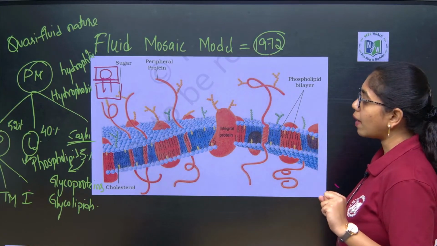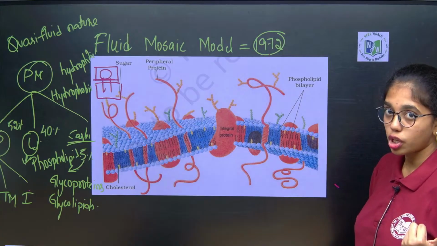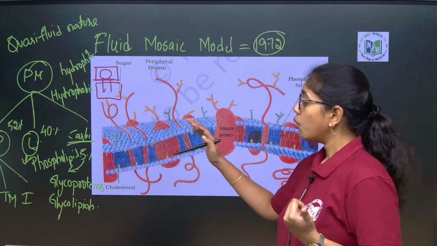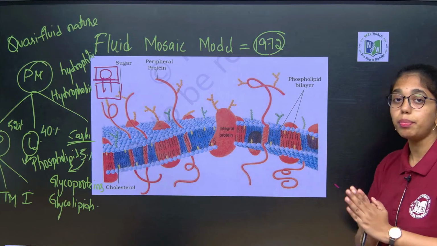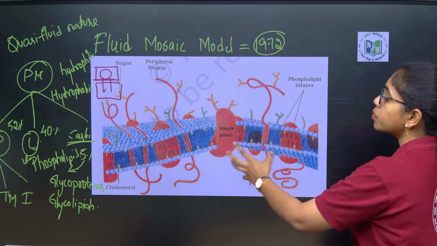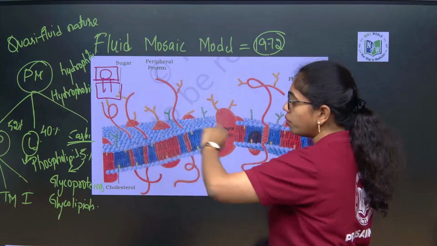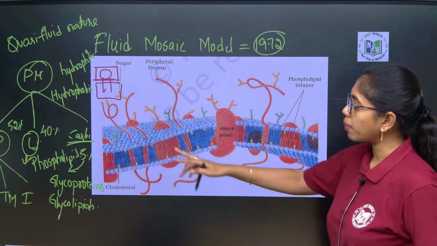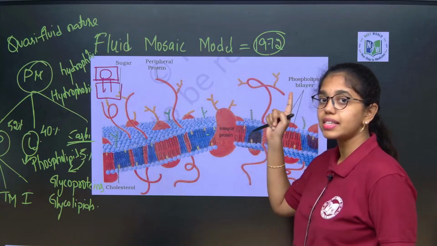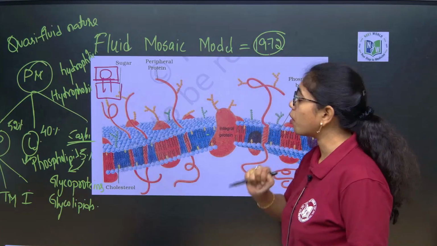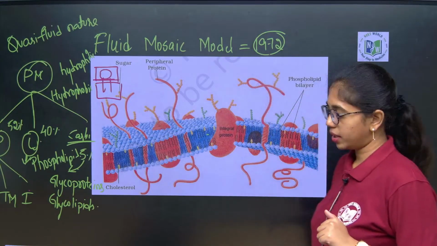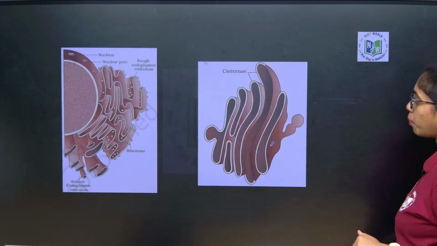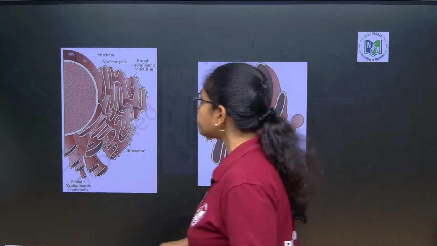So what you have to remember is that proteins are present as icebergs in the sea of lipids. And carbohydrates are present as glycoproteins and glycolipids. These are synthesized from which organelle? Golgi bodies. All these are quick points, beta, just note them down.